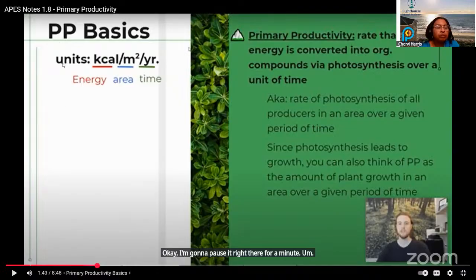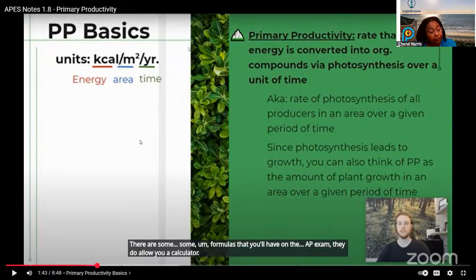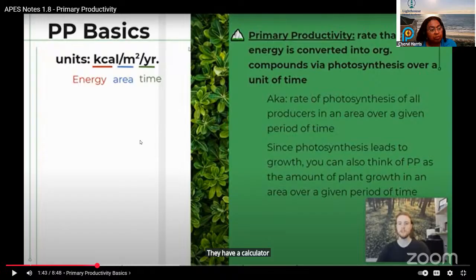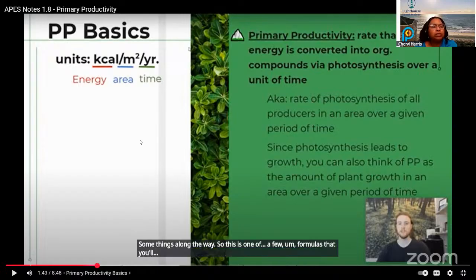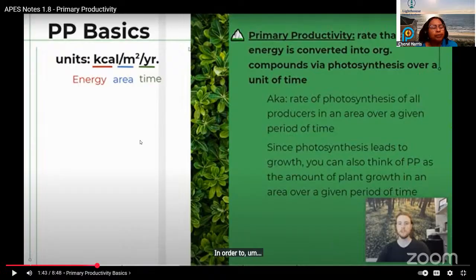Write this formula down. There are some formulas that you'll have on the AP exam. They do allow you a calculator. They have a calculator embedded in the program. And so you will be expected to calculate some things along the way. So this is one of a few formulas that you'll need to have in your arsenal in order to answer the questions.